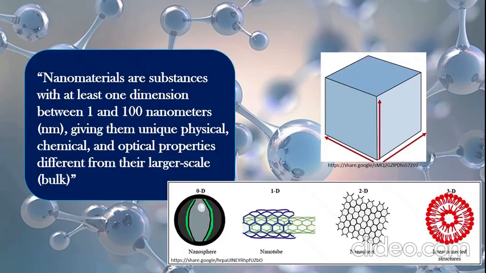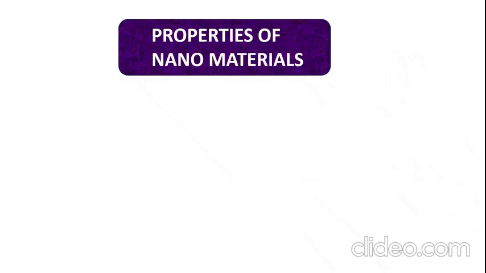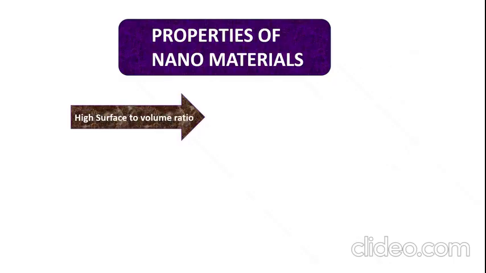And next, coming to its properties, the first property that we are going to study is the high surface to volume ratio, which means that if the material is reduced to a nanostructure, its surface area increases for the same volume.